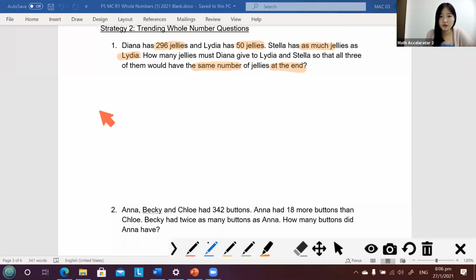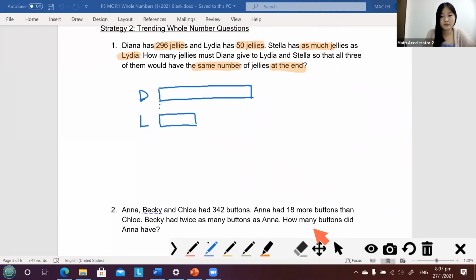Right, so let's draw a model. We have Diana, Lydia. Diana has a lot, 296. Let's draw maybe about this much. It should be more than Lydia. Lydia is 50.